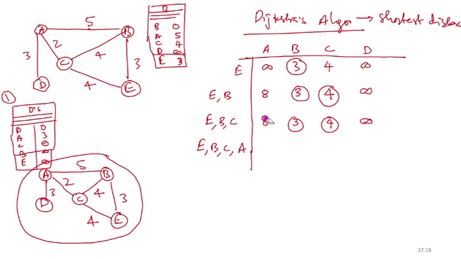So we will not be considering 8, we need to consider the minimum one. So going from E to A via C, we can have a weightage of only 6. So we need to put here 6.